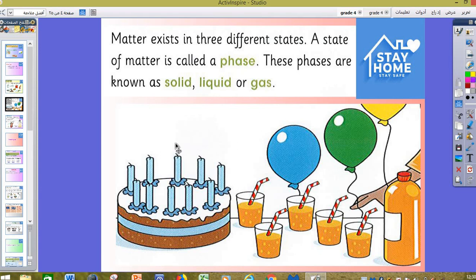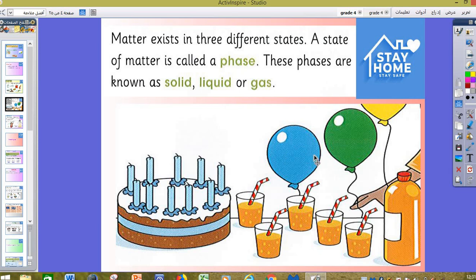Can you see the picture here? Please, can you divide them into solid, liquid, and gas? Can you tell me which one is liquid, which one is solid, and which one is gas? It's pretty easy. This is juice, so the juice inside the glasses is liquid. And this is a balloon.